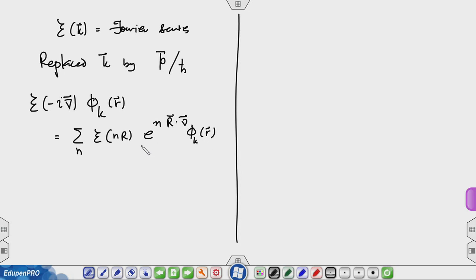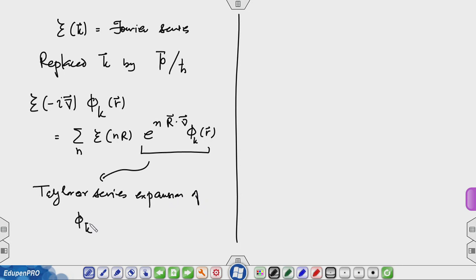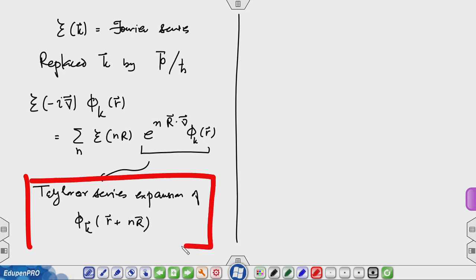And this together is nothing but Taylor series expansion of phi k r plus n r. Show this.